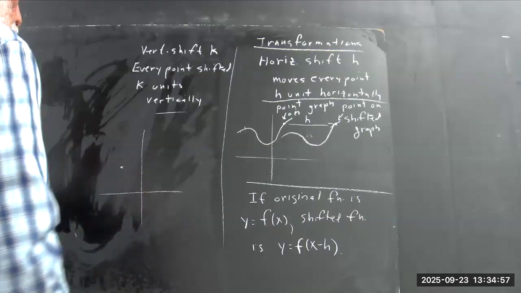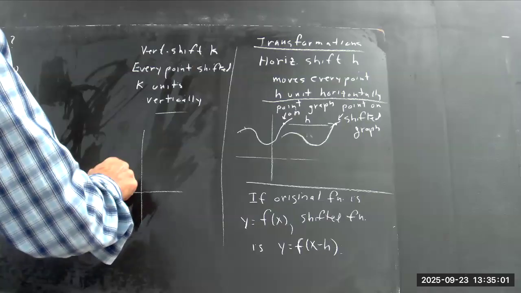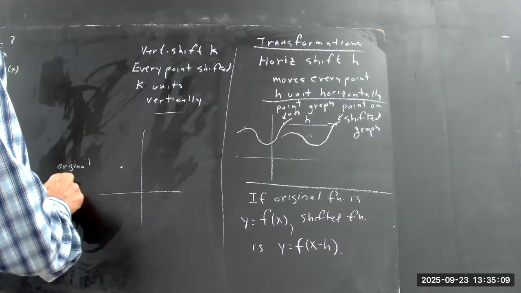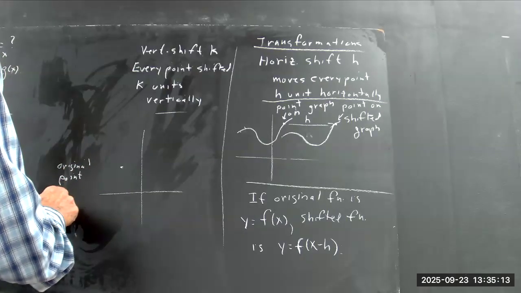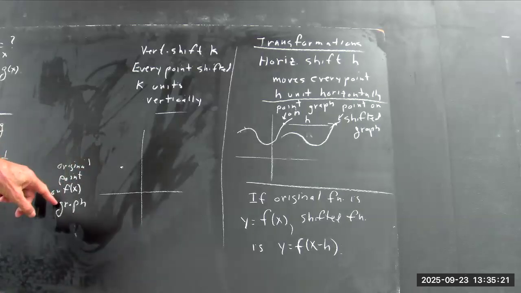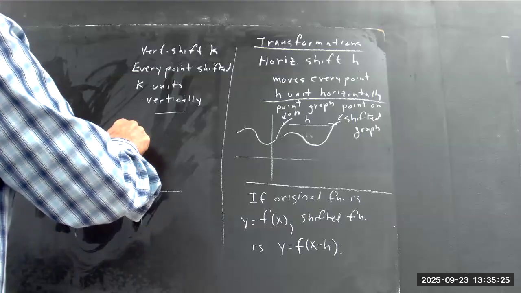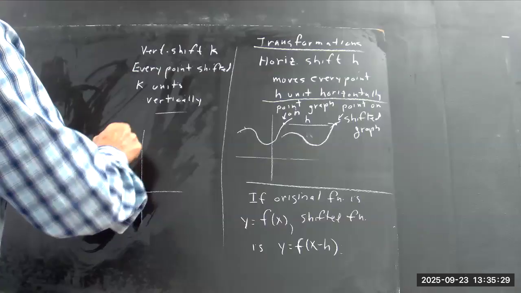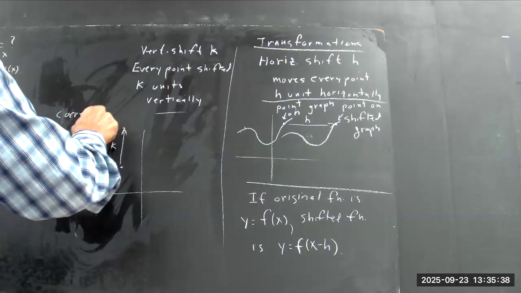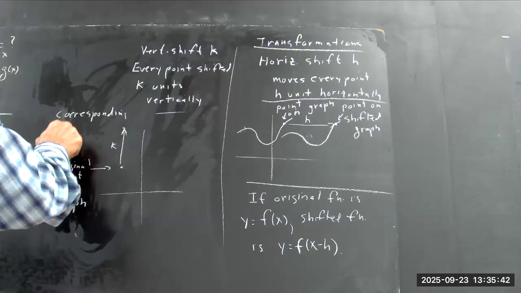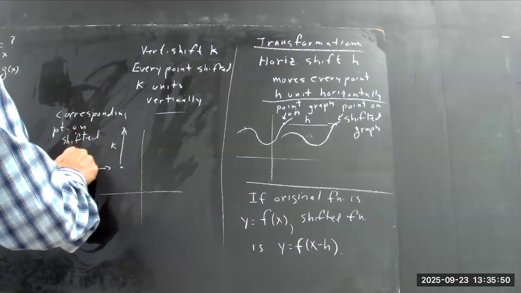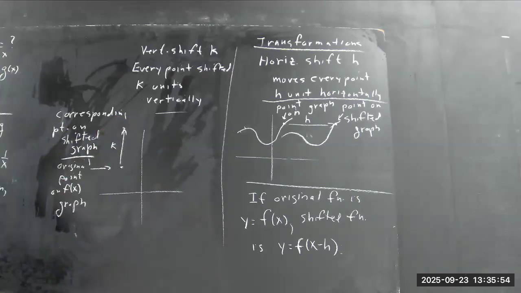So again, if we have a graph and a point on the graph, if this is the original point on the f of x graph, this is the corresponding point on the shifted graph.